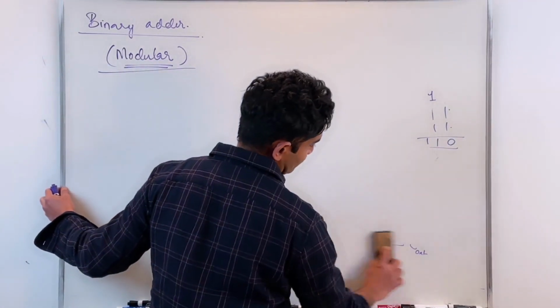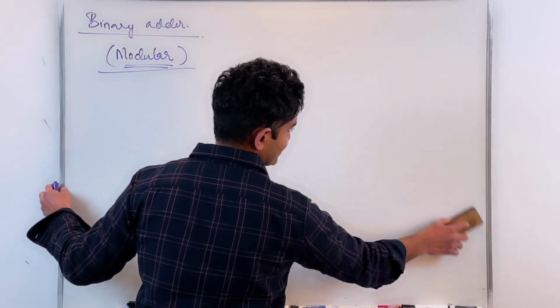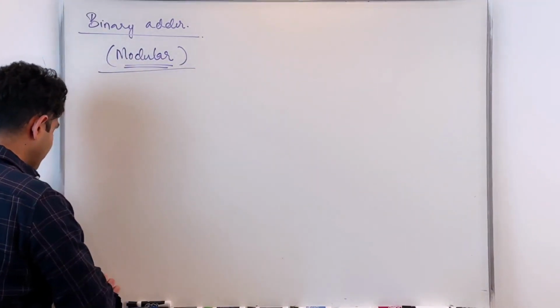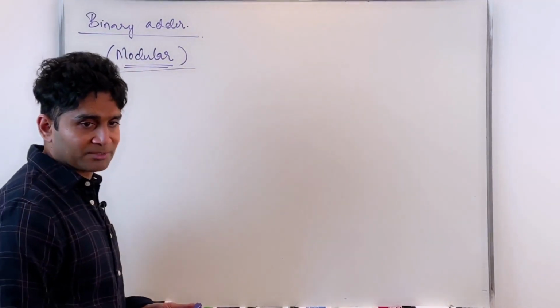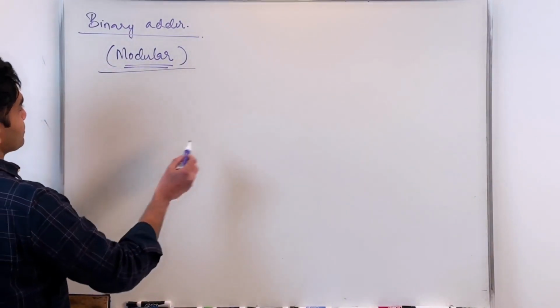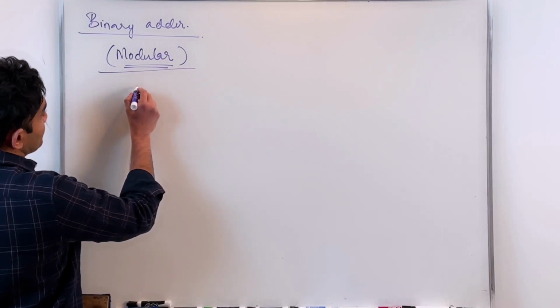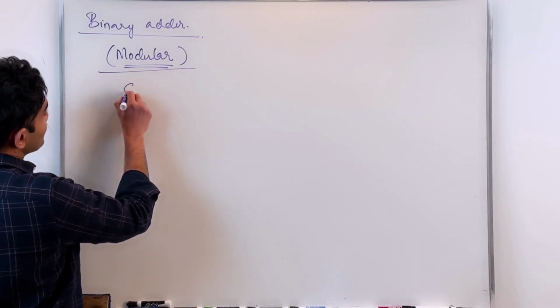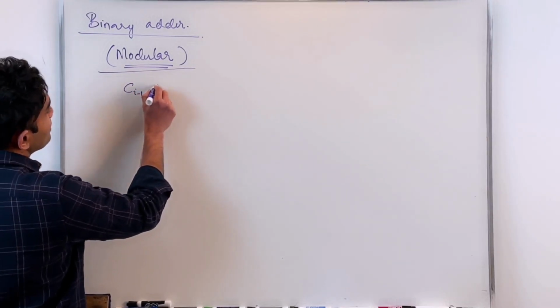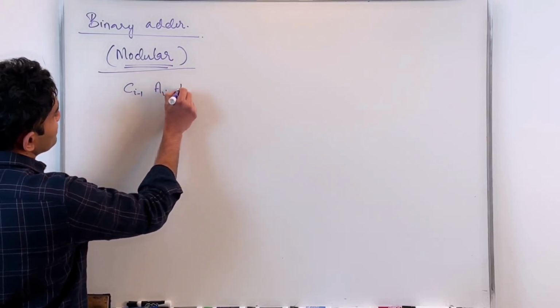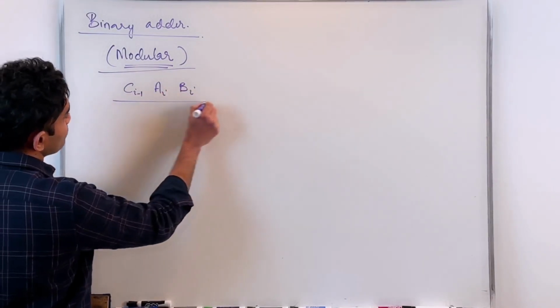So now, from now on, it's more or less set, right? The difficult part, the thinking part of the problem is done. So now we just have to do the truth table, which relates my inputs, which are Ci minus 1, Ai, Bi. So those are my inputs.